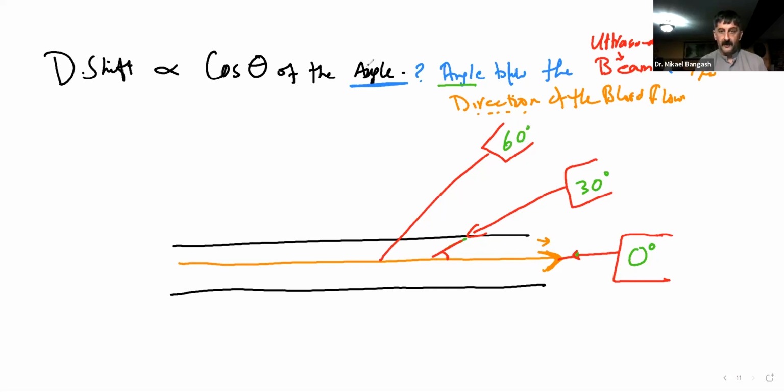Between the direction of the beam of the ultrasound and the direction of the blood flow. So this would have been a 60-degree angle. Did you ladies get that?